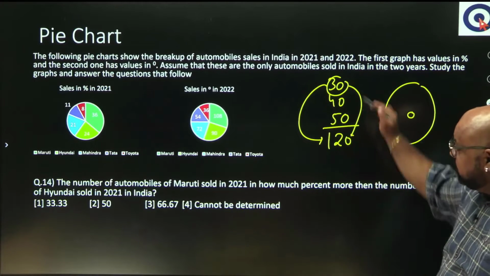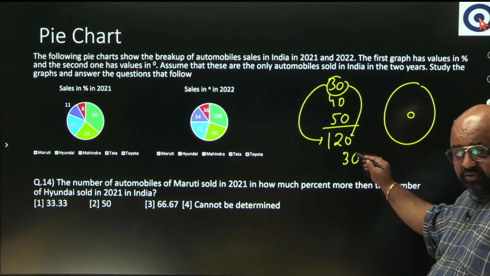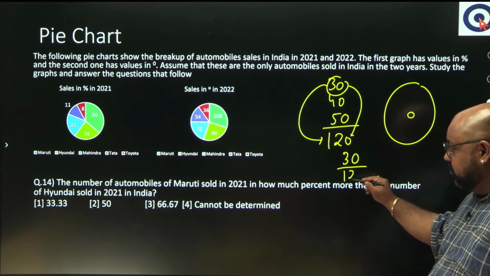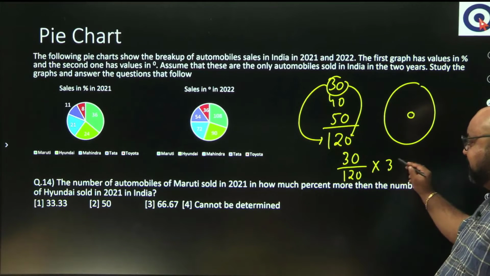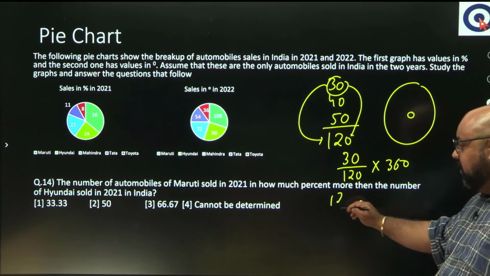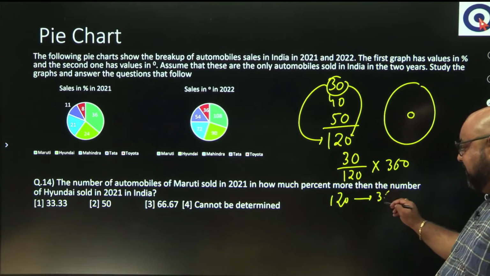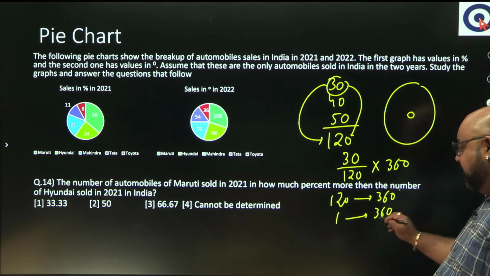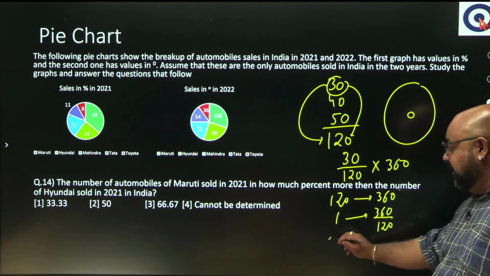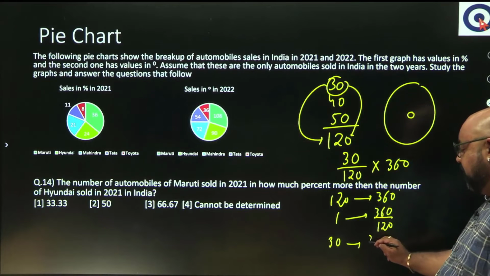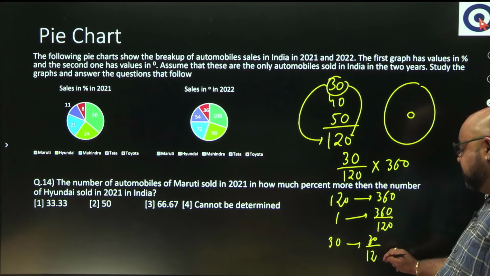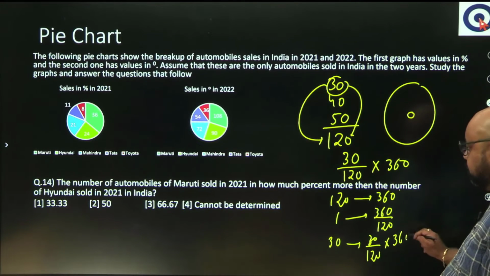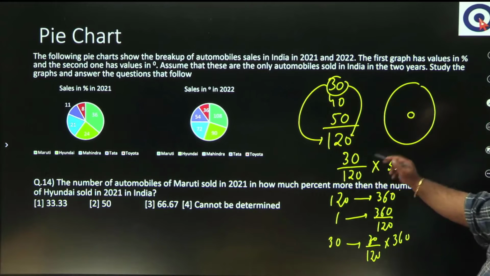So we take the first subject score divided by 120, the total score, multiplied by 360. Proportionally, 120 stands for 360 degrees, therefore 1 will stand for 360 upon 120 degrees, and therefore 30 will stand for 30 times that. So this will come out to 90.